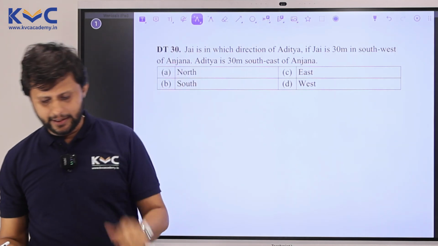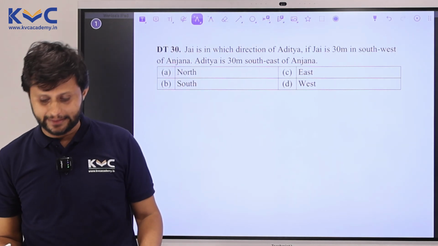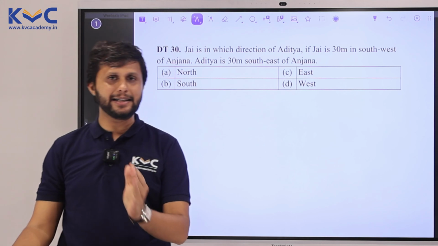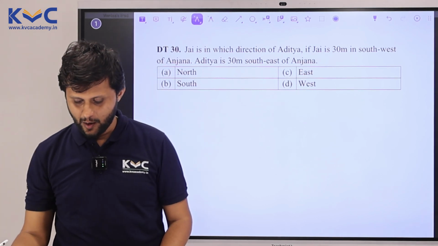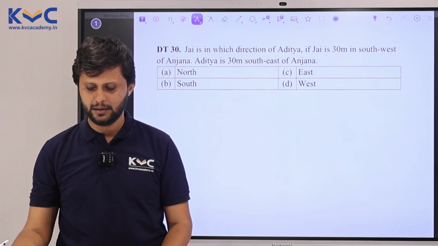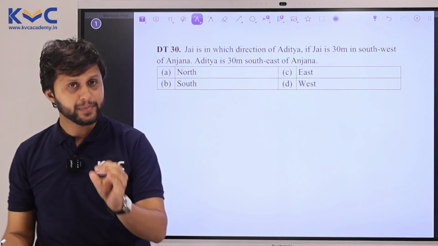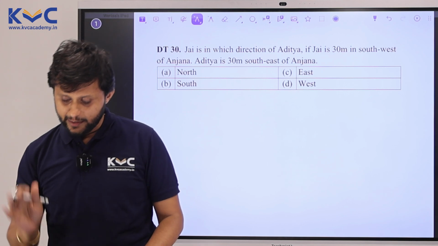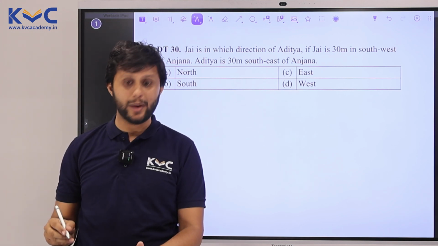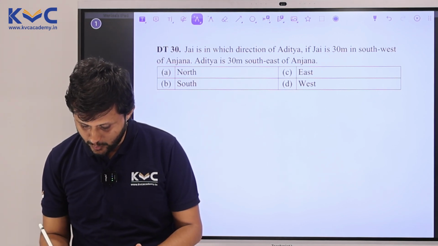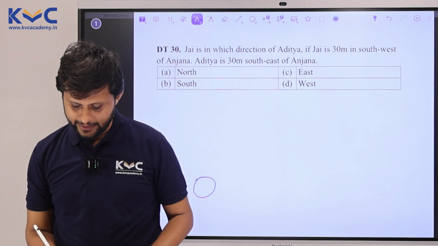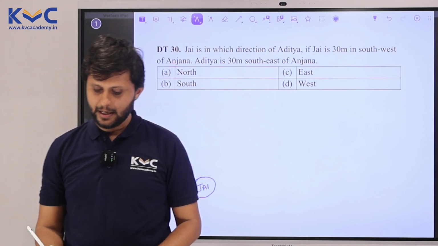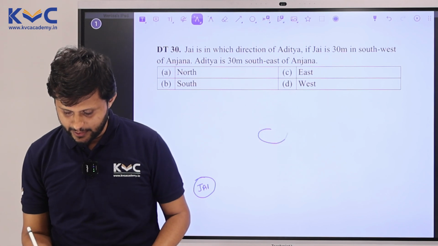J is in which direction to Aditya if J is 30 meters in southwest of Anjana? So there are how many people now? J is there, Aditya is there, as well as Anjana. If J is 30 meters in southwest, this is south, this is west. Who is there? This is J. And Anjana is over here.